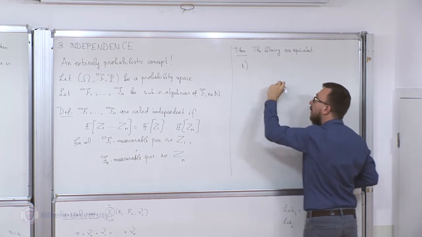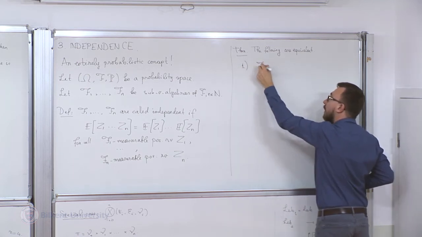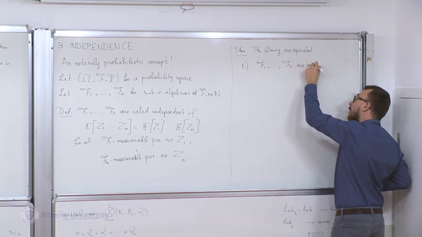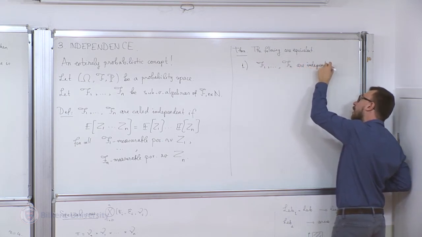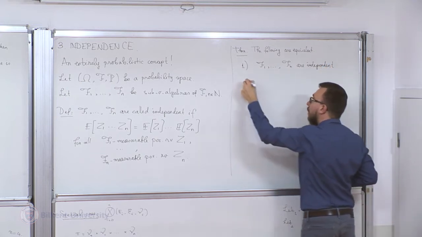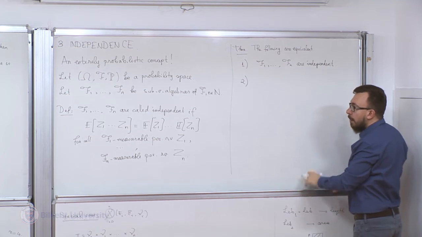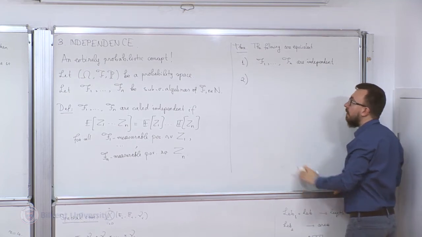Number one, F1 to Fn are independent. Number two, you can replace those random variables with bounded measurable random variables.